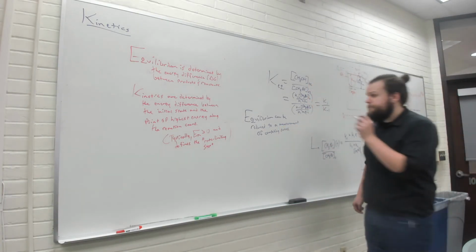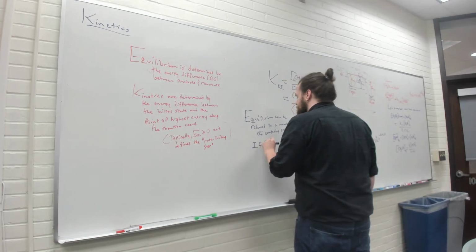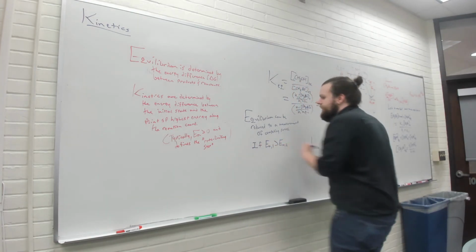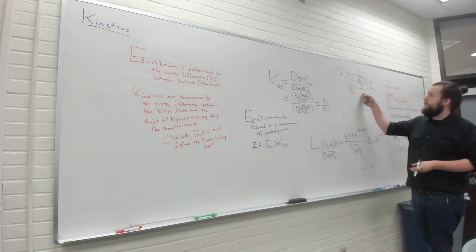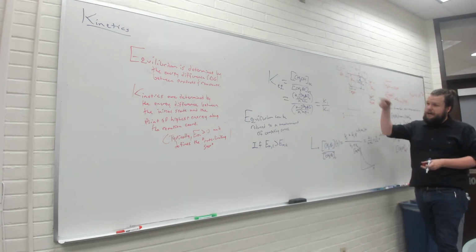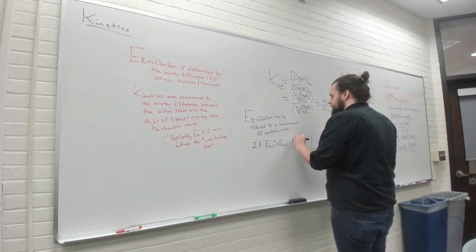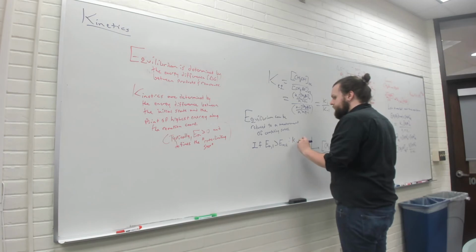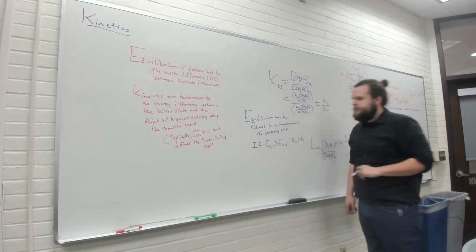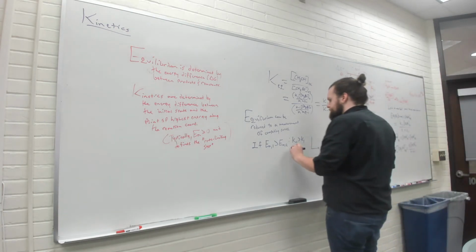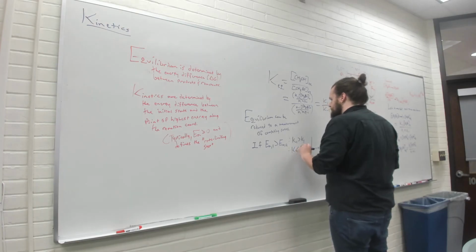So if the forward activation energy is greater than the reverse activation energy, like it is, or not like it is here, this is the opposite case, that means then that the reverse rate is faster than the forward rate, right? Because the activation energy for the forward is larger, which means that K is less than 1.